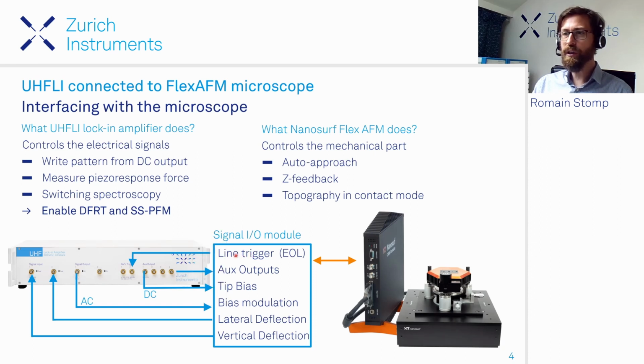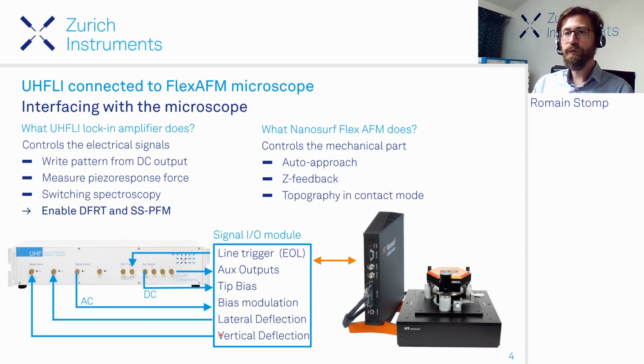You can have the line trigger here that is fed into the DIO trigger. Then because here we are using a UHFLI now, not an HF2, we don't have an adder. So we just took the simple route of outputting the AWG directly on the aux output DC that is sent to the tip bias, and we excite the AC to the sample bias directly.